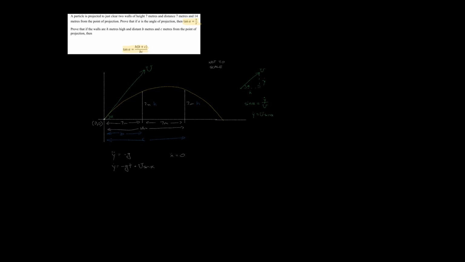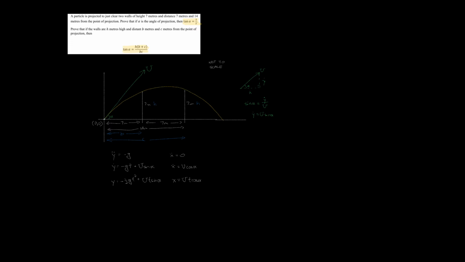So that means that x dot is very similar, is equal to u cos alpha. Y is then equal to negative half gt squared plus ut sine alpha, and that comes from integrating y dot, and x equals u t cos alpha.